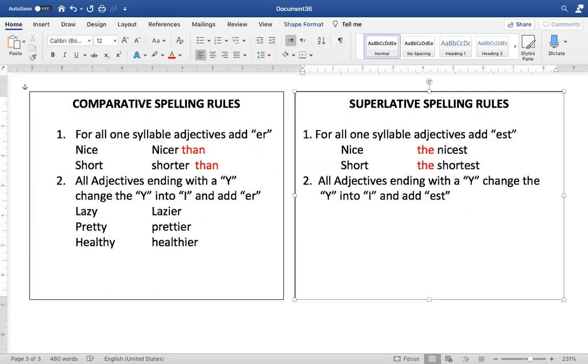Exactly. So the word lazy becomes what? Lazy becomes the laziest. Then we have pretty, the prettiest. Then the word healthy becomes the healthiest.